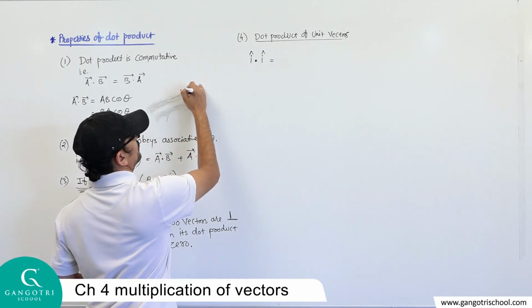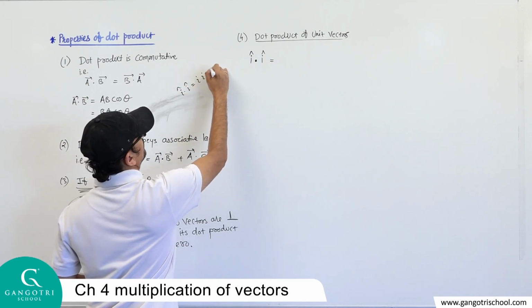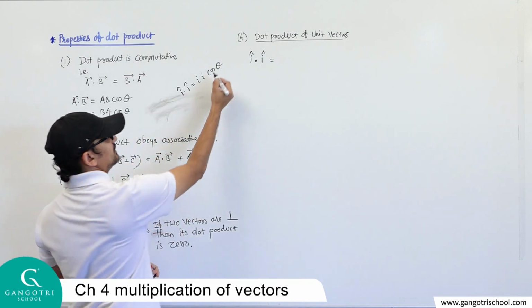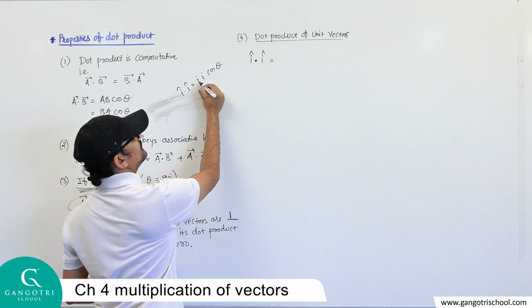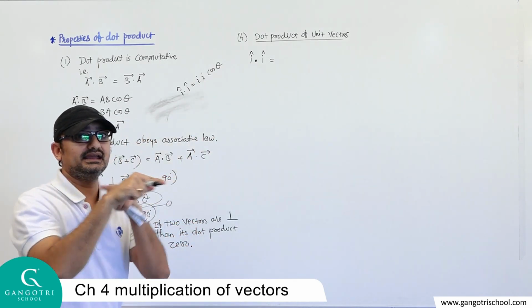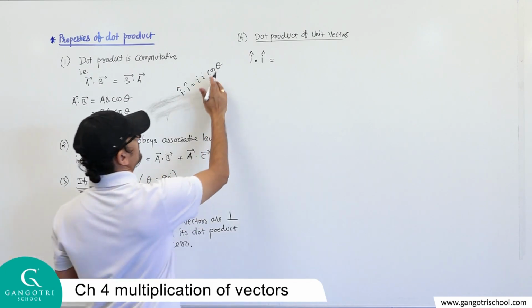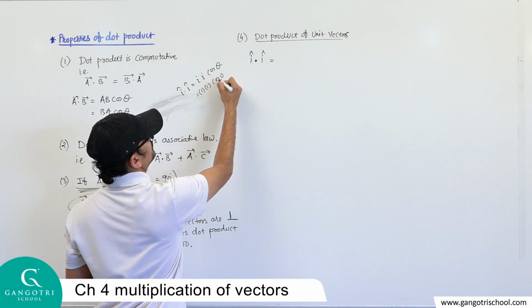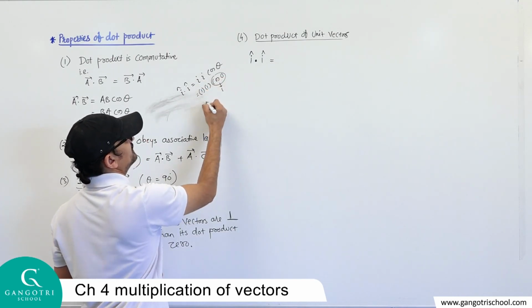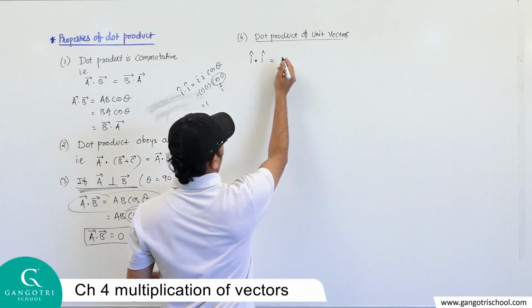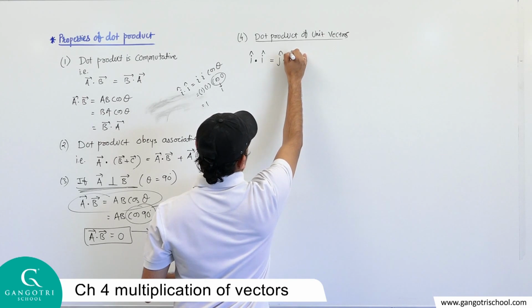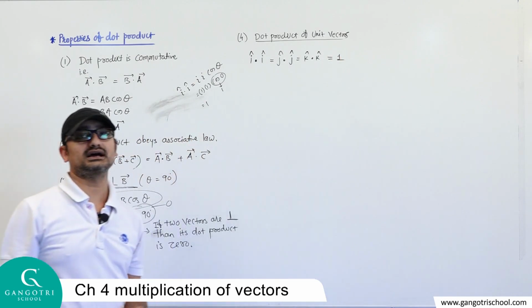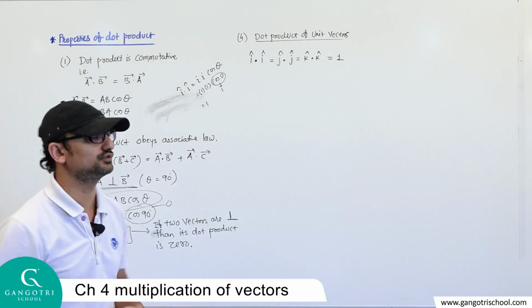So i caret dot i caret means i i cos theta. Theta is the angle between i and itself, which is 0 degrees. i caret is a unit vector, its magnitude is 1, here also 1, and the angle between them is 0, cos 0 is also 1, so the answer is 1. i caret dot i caret, j caret dot j caret, k caret dot k caret are all equal to 1.